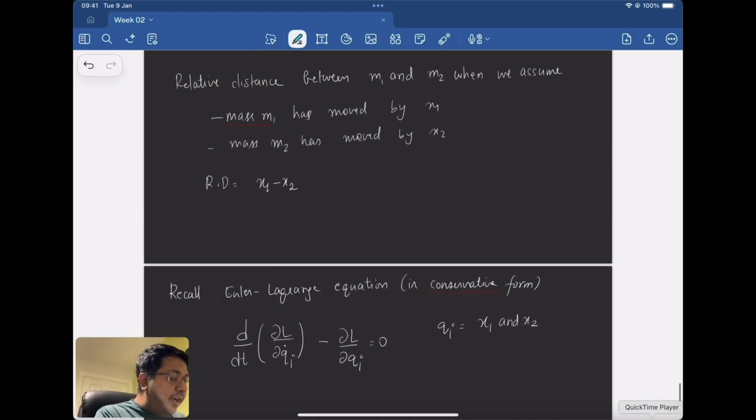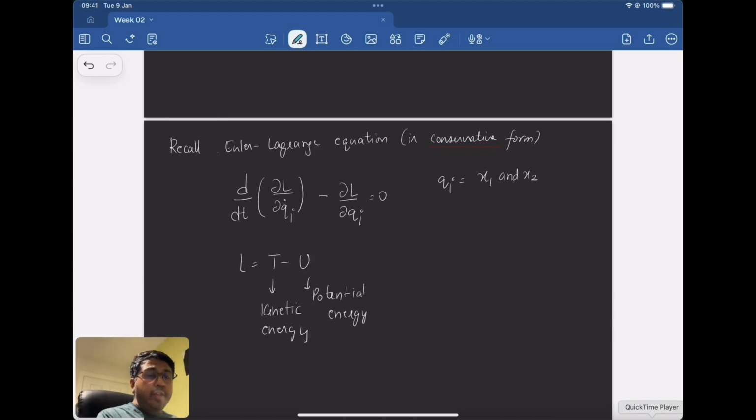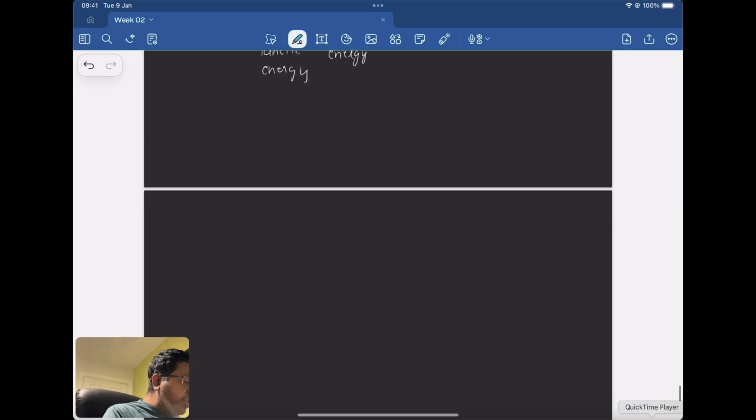What is L? L is nothing but T minus U, where T is our kinetic energy and U is our potential energy. Let's try to write the kinetic energy and potential energy of the system.